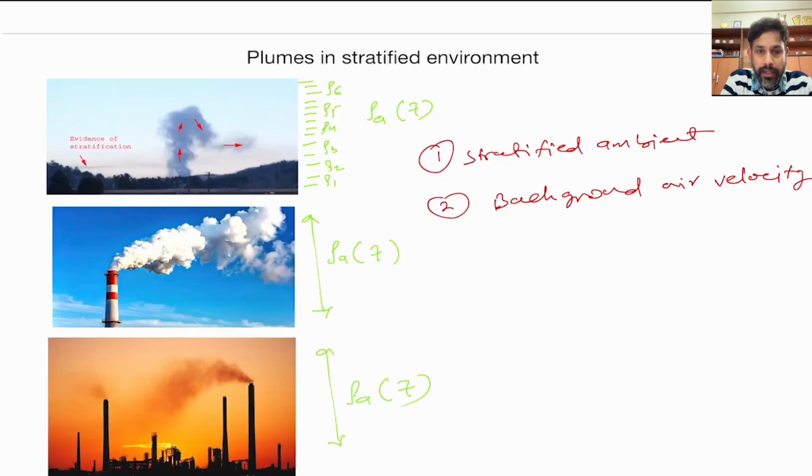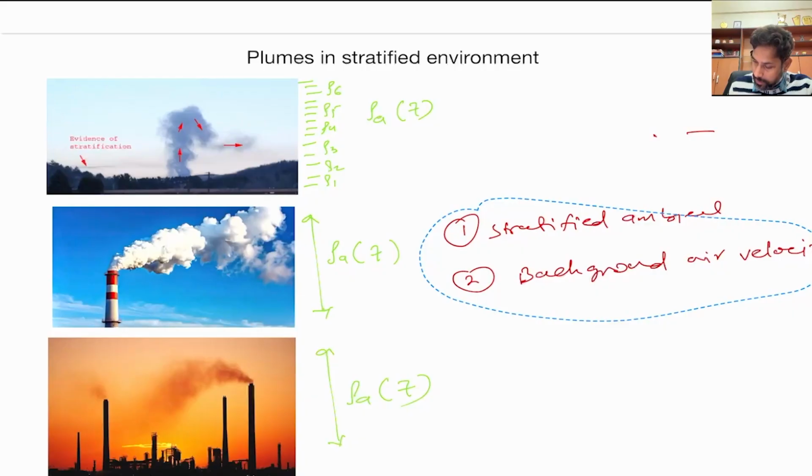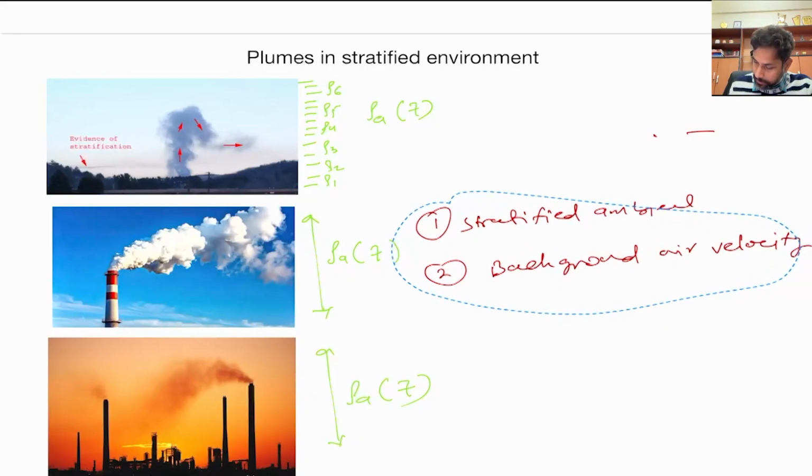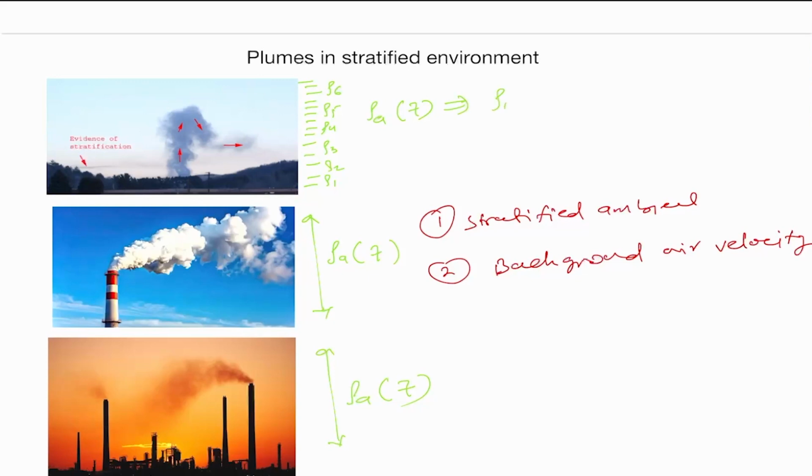And whenever you have this density stratification, in this case particularly the lower layer density will be greater. In this example, rho 1 will be greater than rho 2, greater than rho 3, greater than rho 4, greater than rho 5, greater than rho 6.